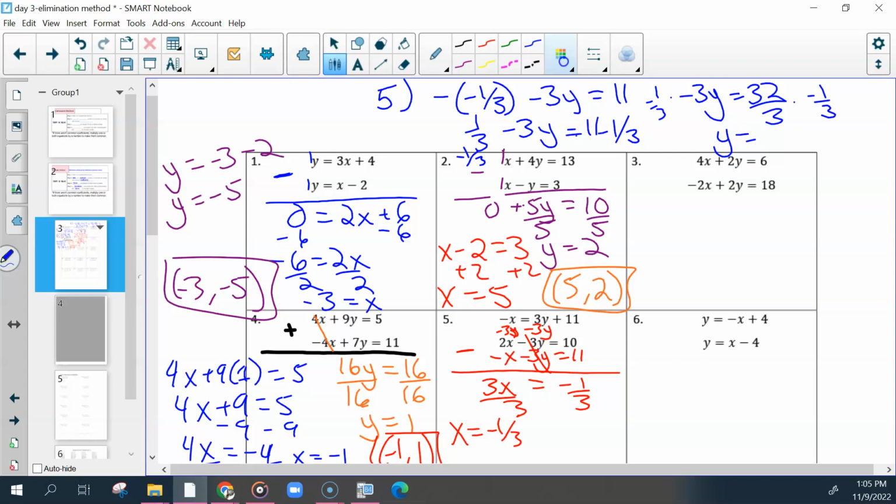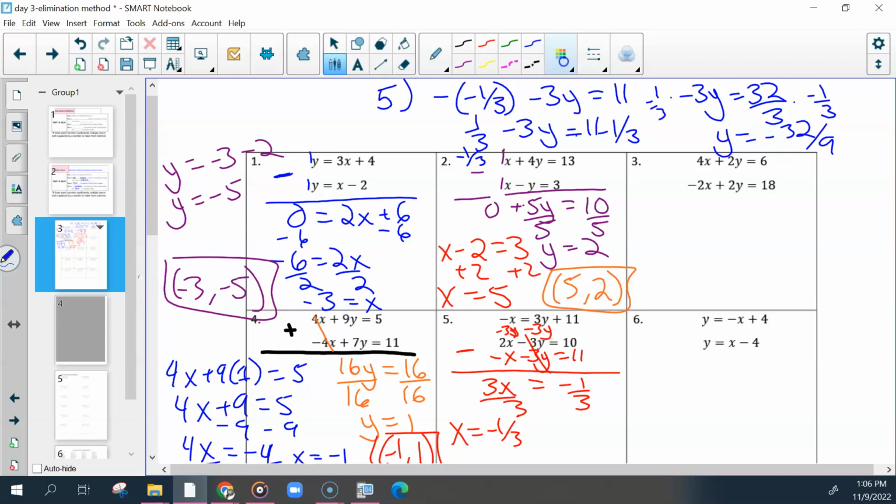What would that be? I got negative 3.5. Leave it as a fraction. I have 32 over 3. Yeah, and then multiply it by negative 1/3. But yes, it should be negative 32 over 9.